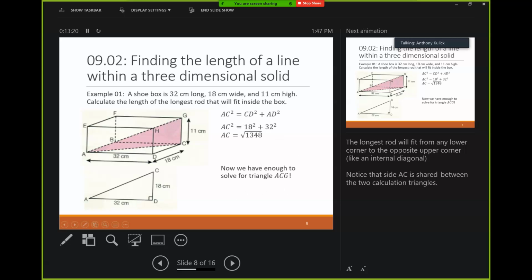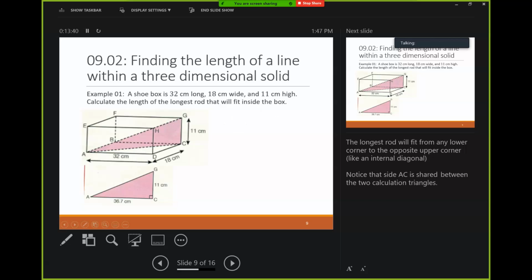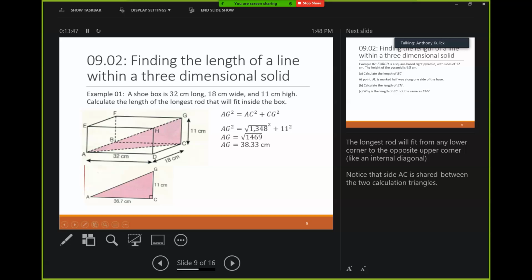When I do that, I get the square root of 1348, whatever that number is. A little less than 40? Now that we have that, we can use the Pythagorean Theorem to find AG. So 36.7 is what it was. And that gives us 38.33.